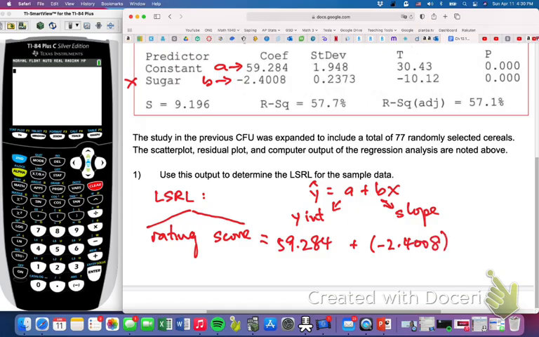Plus, then we put a negative 2.4008, that is your slope, multiplied by your x variable, right? In this case, our x variable, explanatory variable, is the sugar. Okay, and so just wanted to explain again the inverted V, that hat symbol, all right? It means predicted rating score, right?